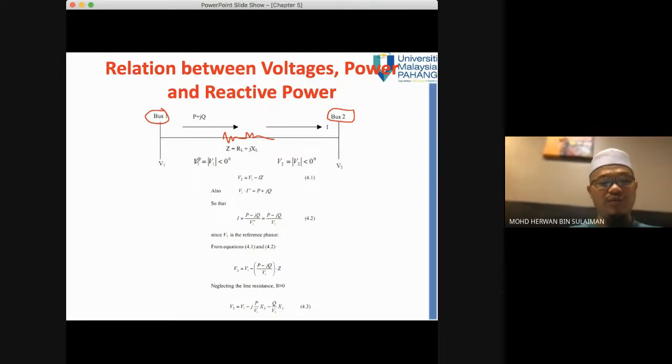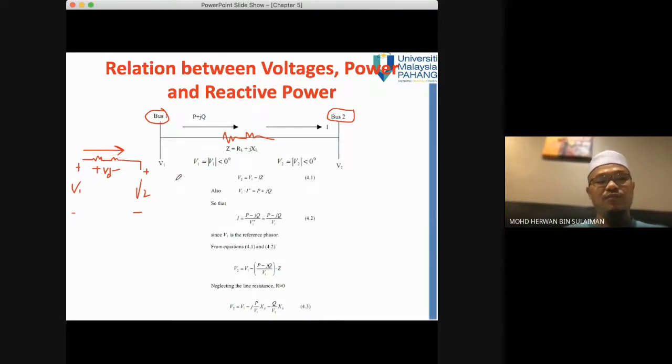So from here we can use a simple circuit. Plus minus is your V2, then here plus minus is your V1. So basically when the current flows, you have the voltage drop VD here, because this is a passive element.